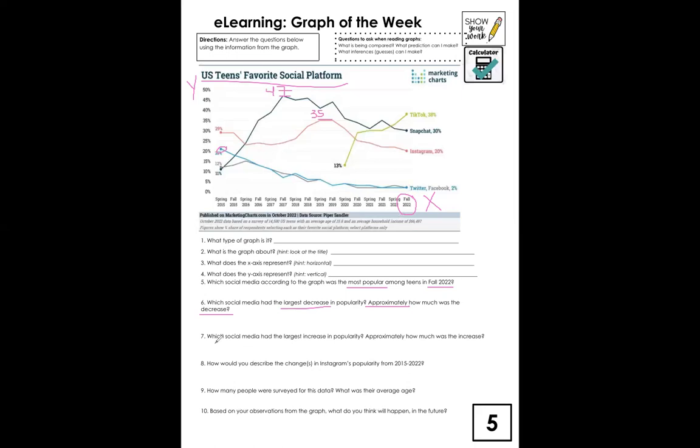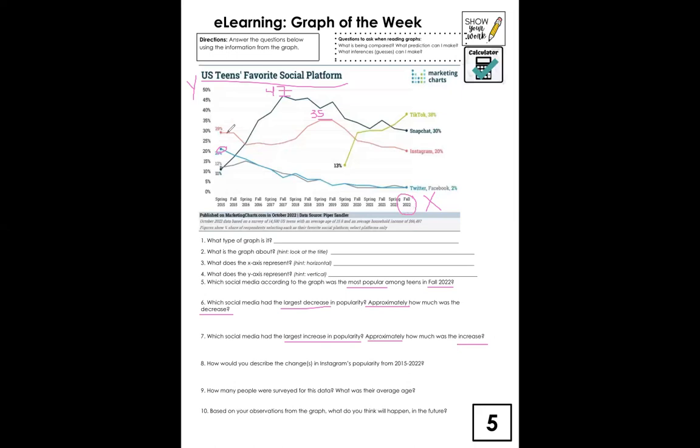Question 7 is asking which social media had the largest increase in popularity, and approximately about how much was this increase? So now we're going in the opposite direction of number 6. Which social media went up the most? So if we're looking, let's see, it looks like Twitter and Facebook only decreased, so it's not them.